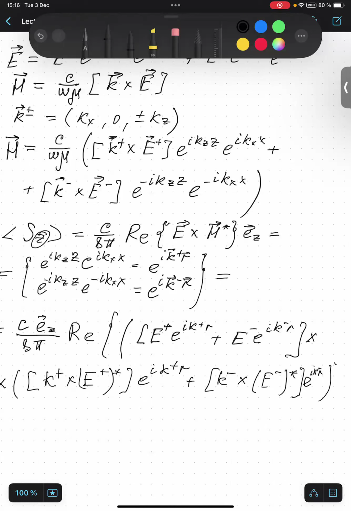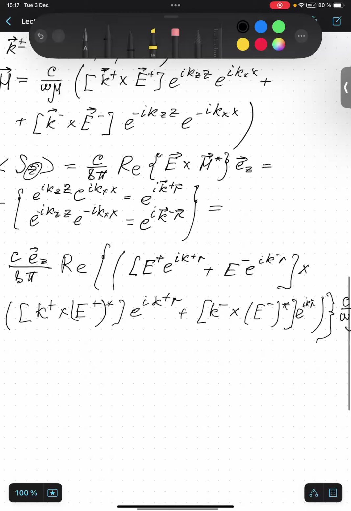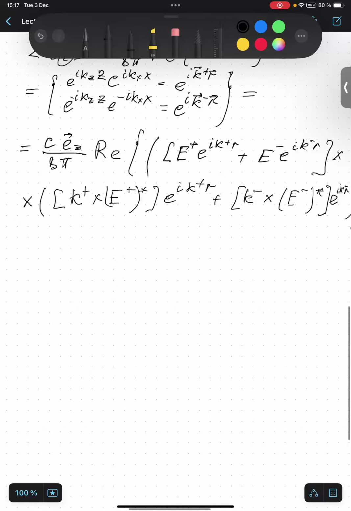And yes, and also c over omega mu. What's next? C squared over 8 pi omega mu, also ez, real part.